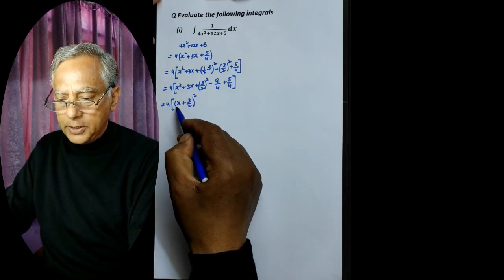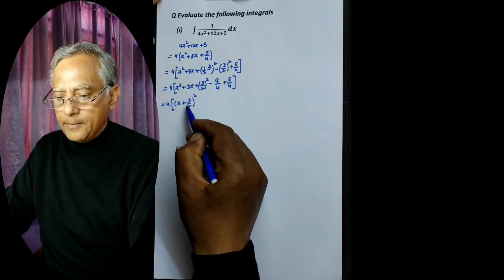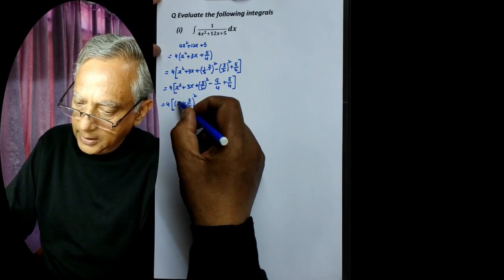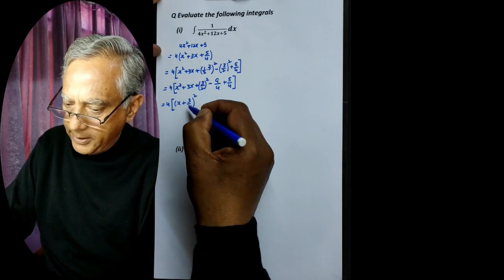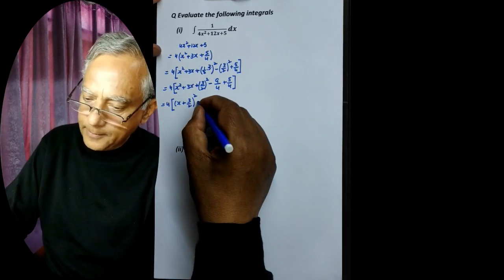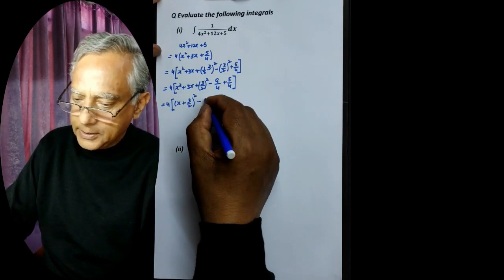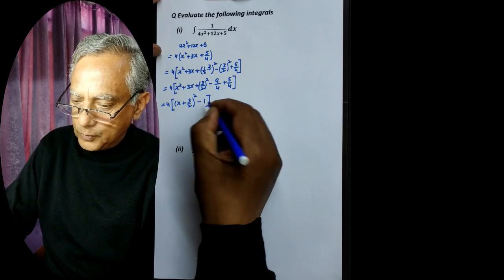The 2ab term is positive, so x plus this, a plus b whole square: a square plus b square plus 2ab, where 2ab is 3x, minus this will be 1.